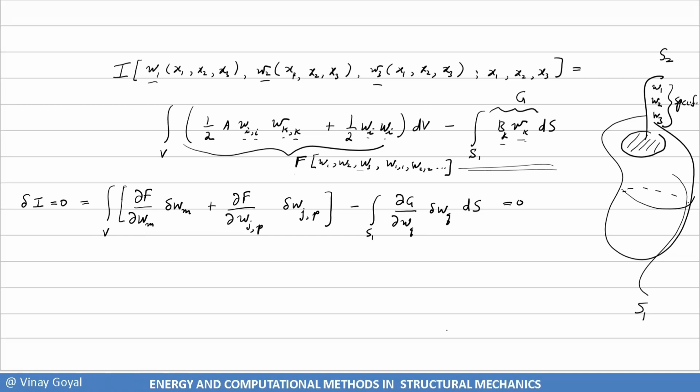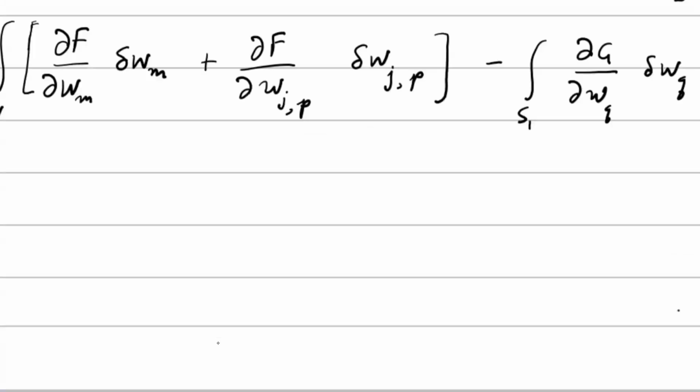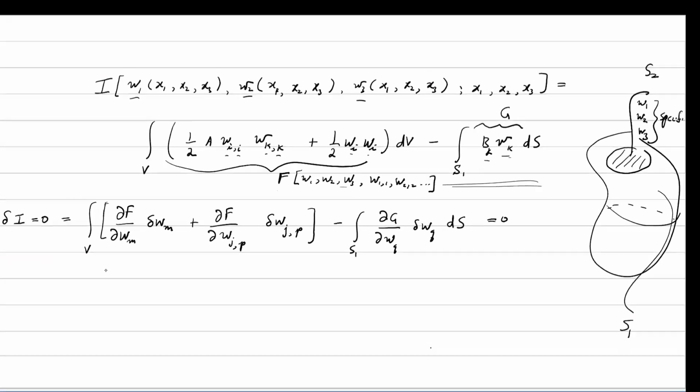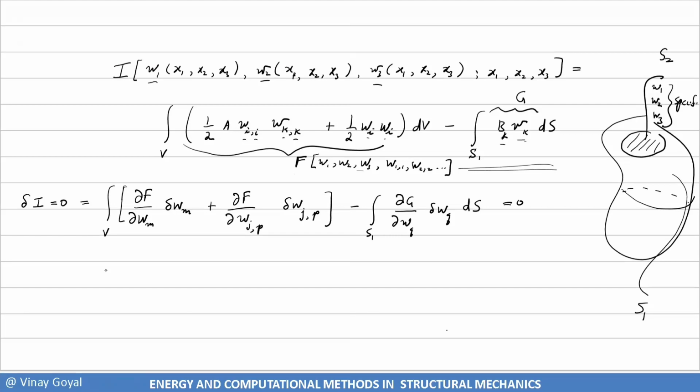Let's go ahead and expand. So I have the integral. Let's work on this term first. I see here that nothing here is Wm, not here. Only here. This term has just Wi. So this is going to survive.